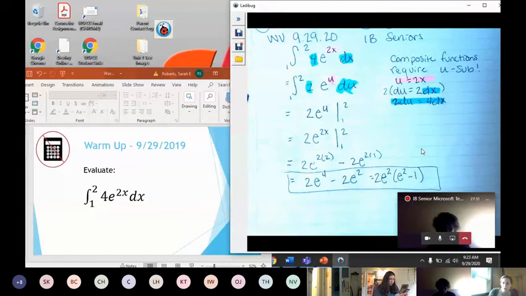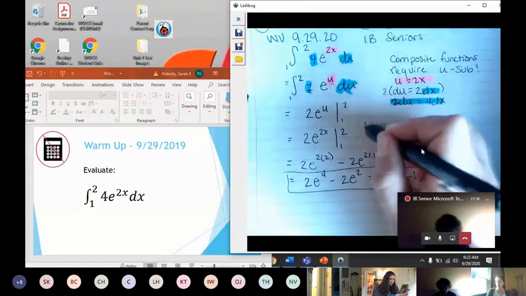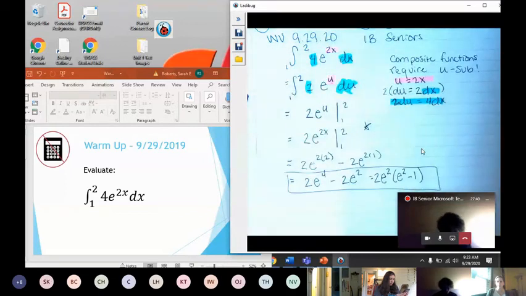The rest of that is just normal integration. Once we get past here, it's normal integration. I hope that clarified things for a lot of you. Does anybody else have any questions before we move on?